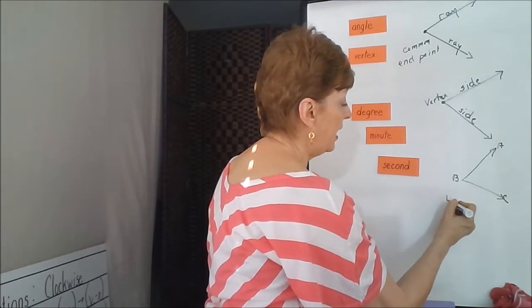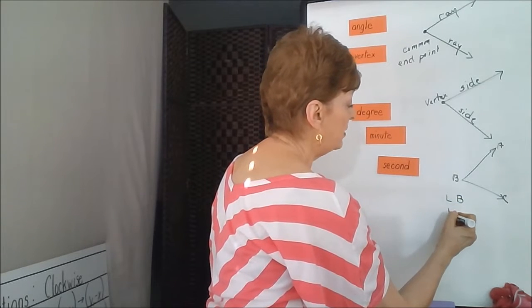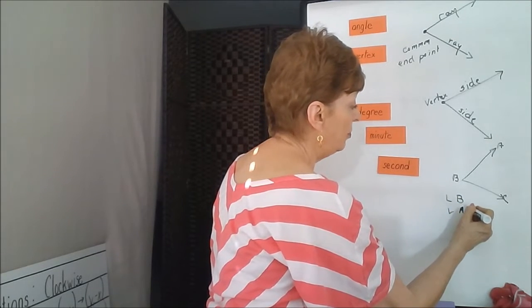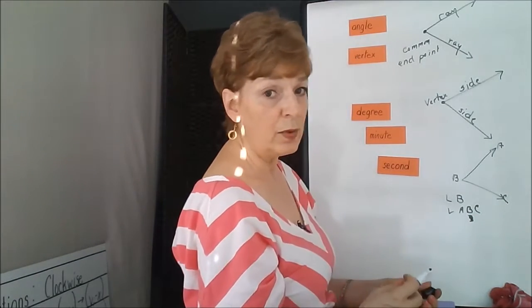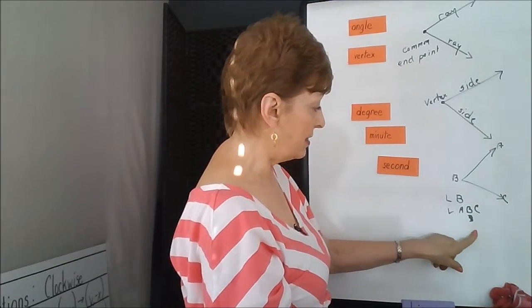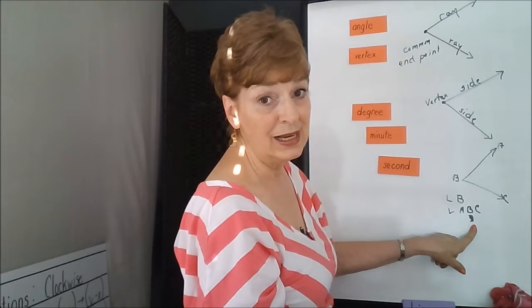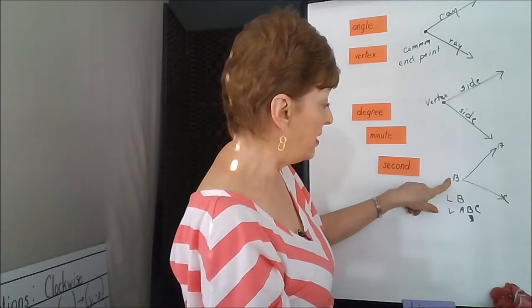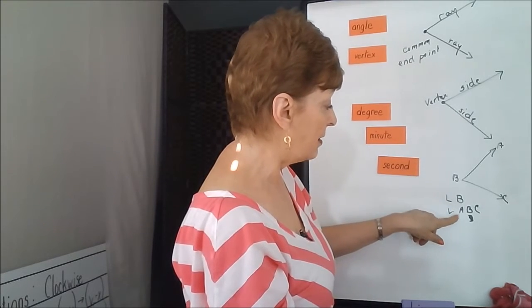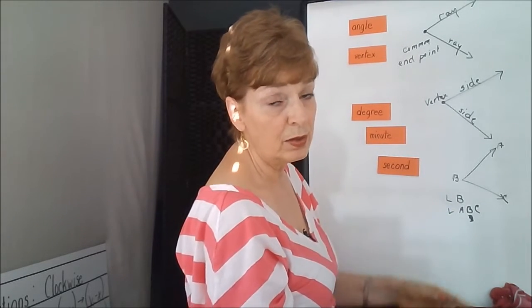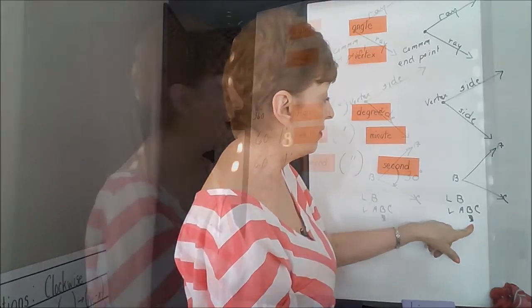So you would say angle B, or you would say angle ABC, with the B being in the middle. That's how we know that B is the vertex. Either we can name it as the vertex alone, angle B, or we can name it angle ABC. The middle letter has to be the vertex.